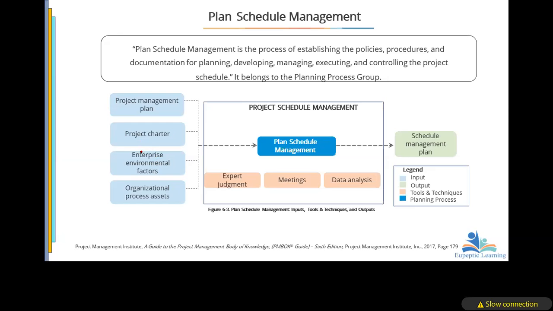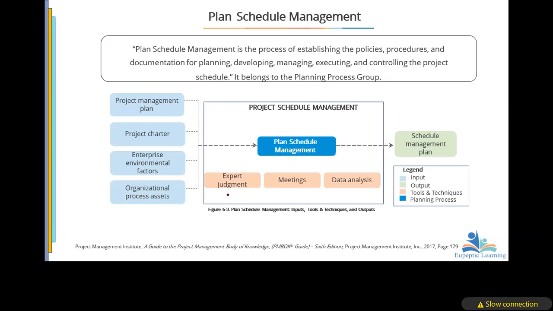Enterprise environmental factors are factors within or outside the organization regarding the scheduling of the project. For OPAs, within your organization, you have the PMIS and the PMO, and there are other assets there. The PMO will tell you that when it comes to this, we need to use this and that. All these things are under the OPA, the assets of the organization.